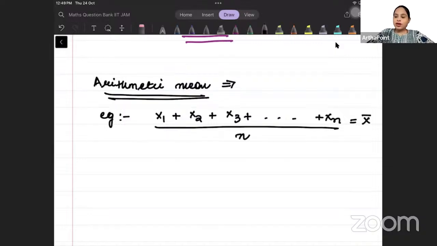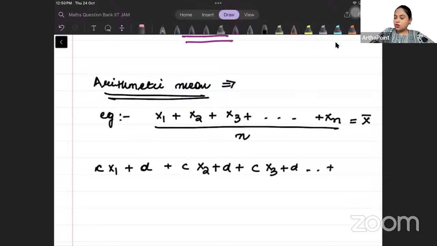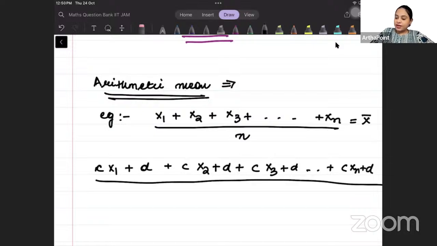Then when we scale these observations and also change their origin, so we are multiplying with something and adding something, Cx1 plus D plus Cx2 plus D plus Cx3 plus D and so on, plus Cxn plus D, divided by n.